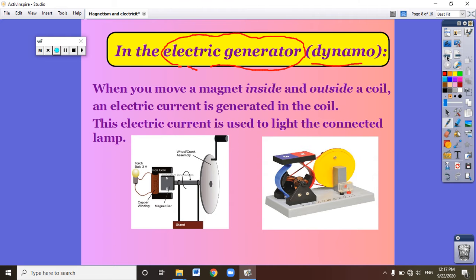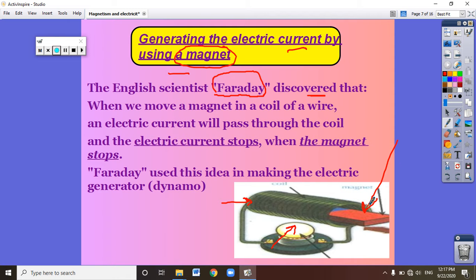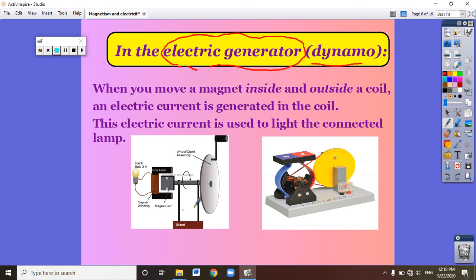This is the shape of the dynamo, and the dynamo has two shapes. This is one shape, and these are other shapes. Here in the electric generator or the dynamo, when you move a magnet inside and outside a coil of wire, an electric current is generated in the coil. This electric current is used to light the connected lamp.